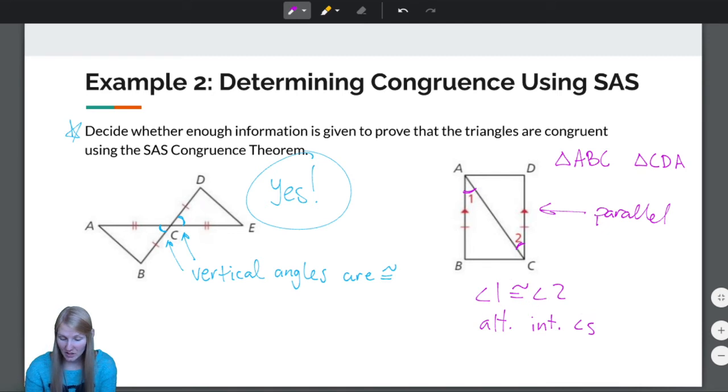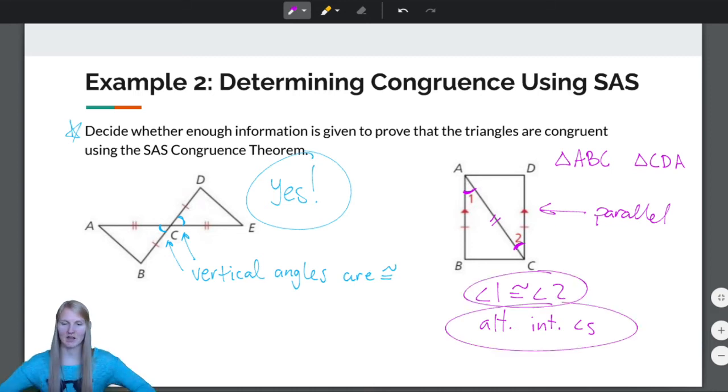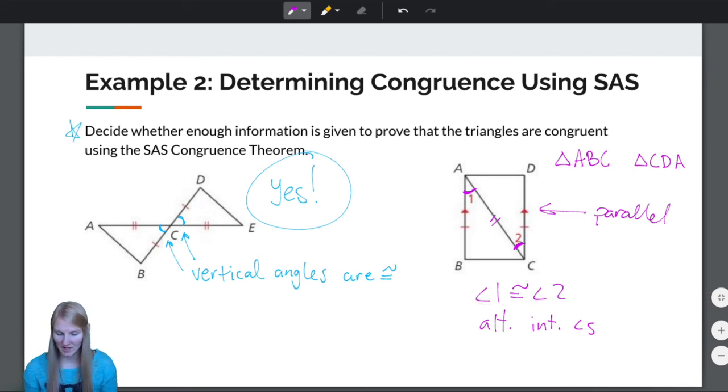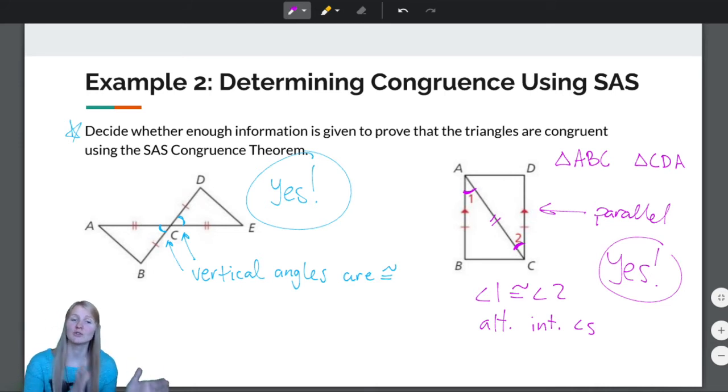So yes, we do know that angle 1 and angle 2 are congruent. We know that because the lines are parallel. So angle 1 is congruent to angle 2 because they are alternate interior angles. Which means that, hey, we have side, angle, side, and we have side, angle, side. So, yes, there is enough information to prove that the two triangles are congruent using the side, angle, side congruence theorem.